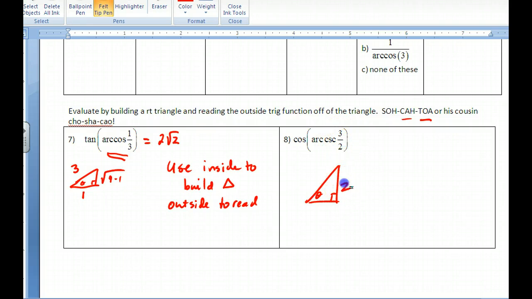Sine of 2/3 means this, and so hypotenuse over opposite. Build my right triangle, find this missing piece. This would be 9 minus 4, and so I get the square root of 5. And then I read off the cosine. Cosine is going to be adjacent over hypotenuse, so it's going to be square root of 5 all over 3. That's how you do those.